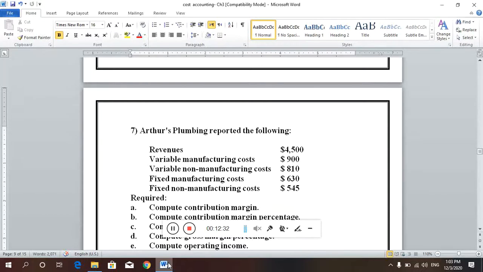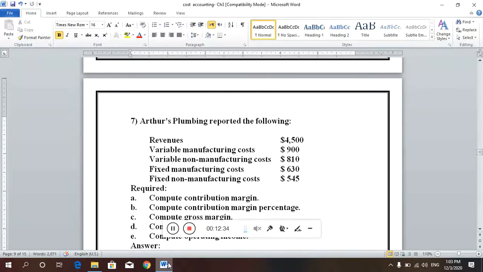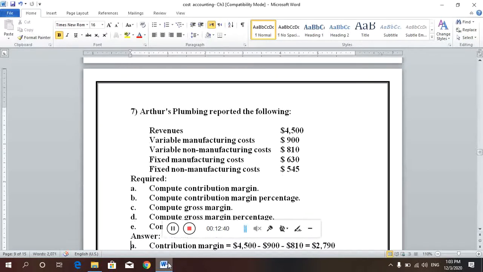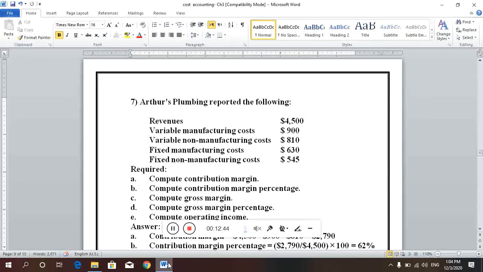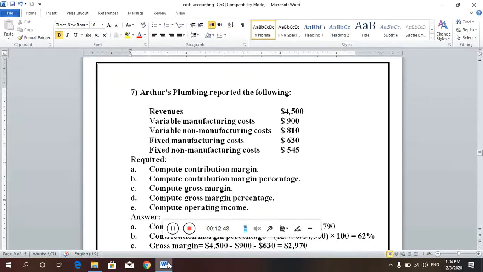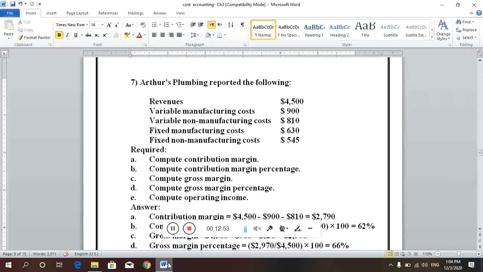Fixed non-manufacturing costs equal $545. Required: compute the following: A. Compute the contribution margin. B. Compute the contribution margin percent. C. Compute the gross margin. D. Compute the gross margin percent. And E. Compute the operating income.